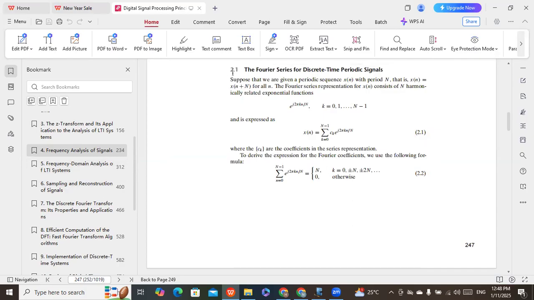So you can see that this is 2.1, the Fourier series for a discrete time periodic signal. Actually we are going to focus on this section.